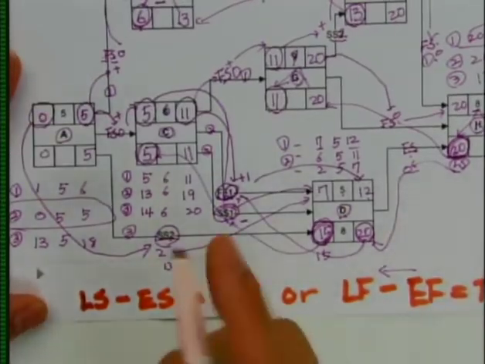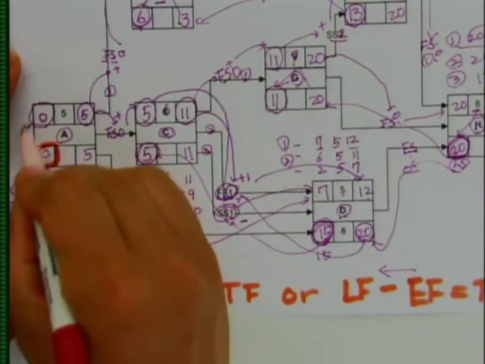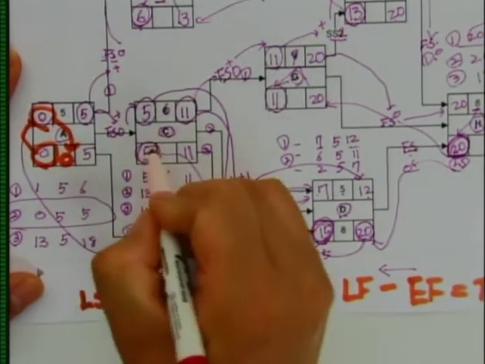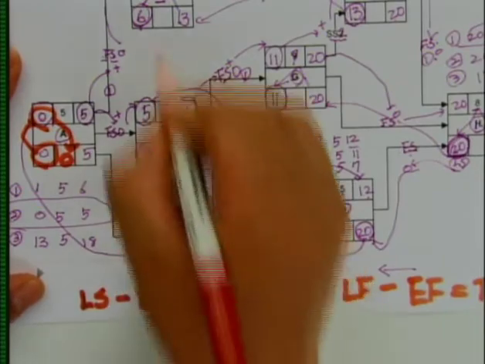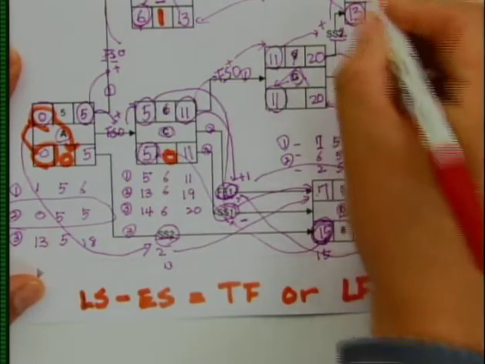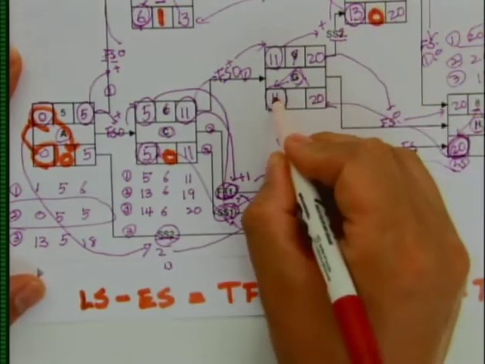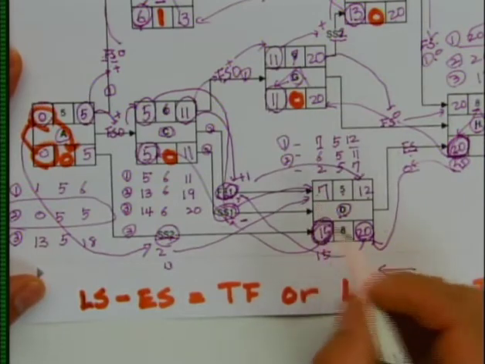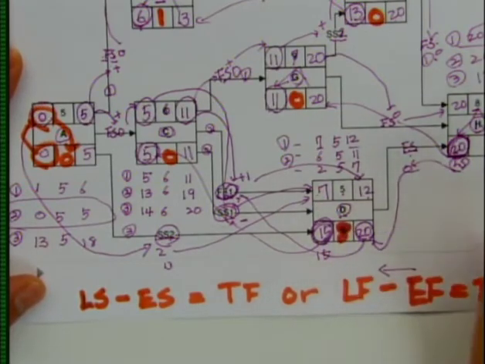So from that, 0 minus 0 becomes your total float, which will be 0. 5 minus 5 will be 0. 6 minus 5 will be 1. 13 minus 13 will be 0. 11 minus 11 will be 0. 15 minus 7 will be 8. 20 minus 20 will be 0.